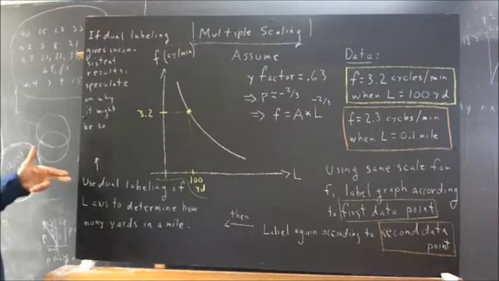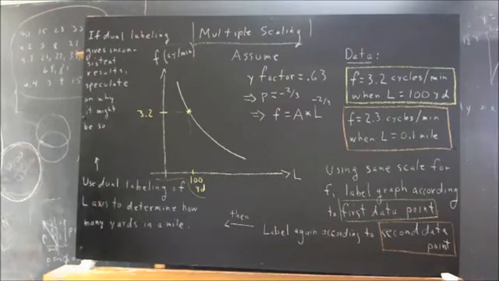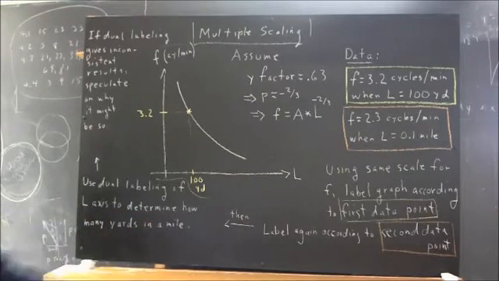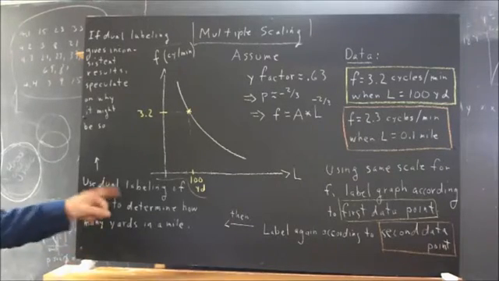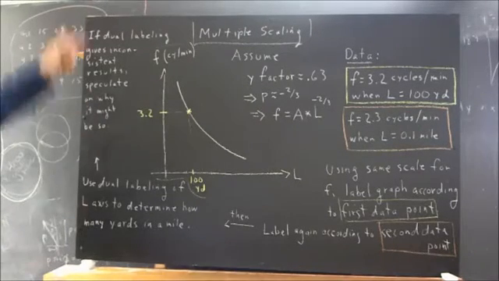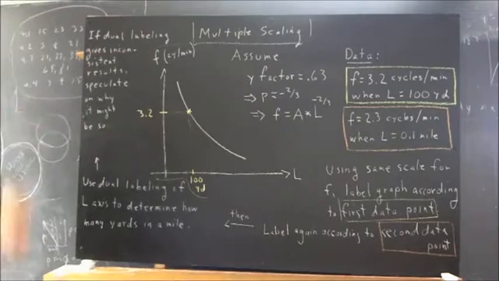Okay? Okay, now, using the dual labeling of your L-axis, I want you to see if you can determine how many yards there are in a mile. Now, if you do that carefully, you're probably going to observe that the dual labeling gives you inconsistent results.